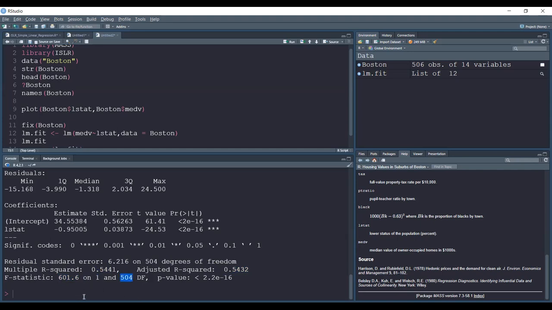The F distribution, unlike the t distribution, depends on 2 parameters. I would imagine those are the number of predictor variables, which is 1 in this simple linear regression, and these 504, which is simply the 506 observations, subtract 2.